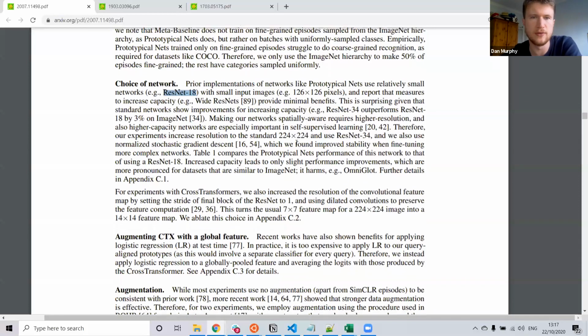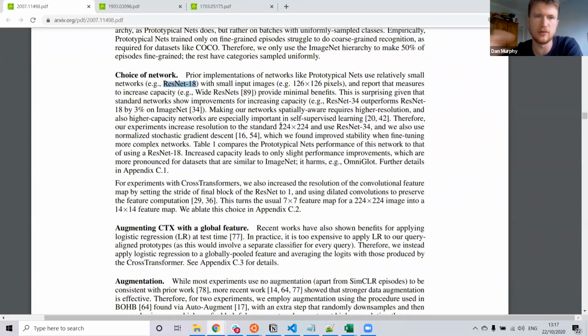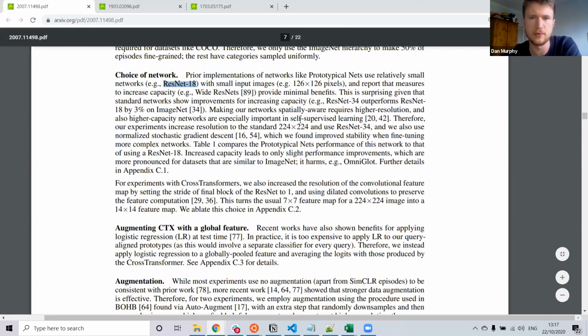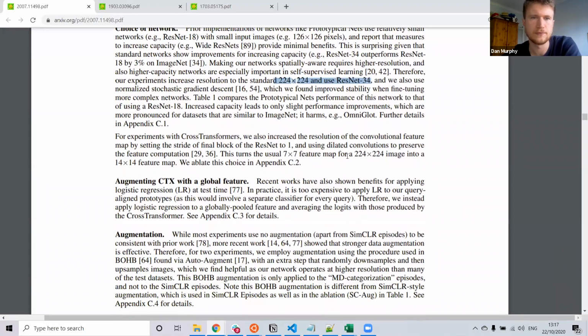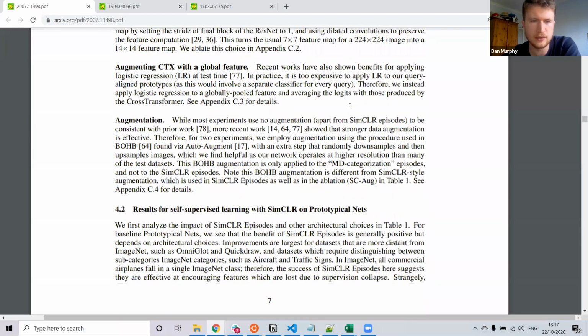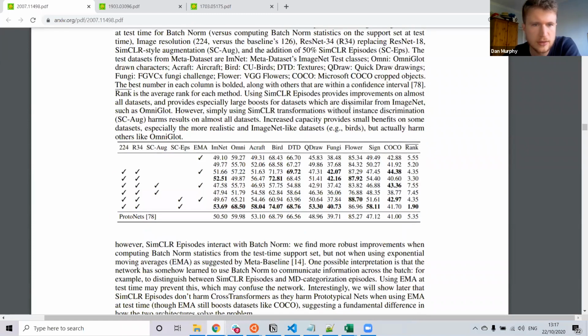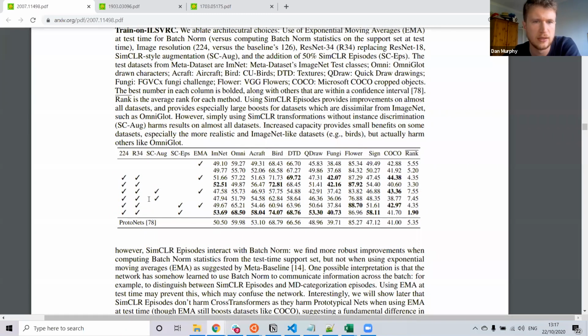And so their base implementation of the prototypical net uses 224 by 224 input images and a ResNet 34. So they sort of back up this choice, or they talk about this choice here.